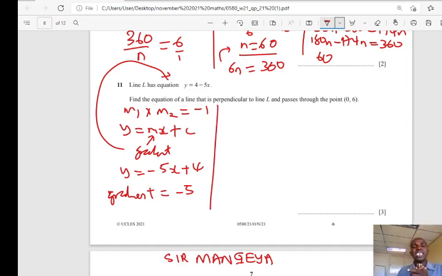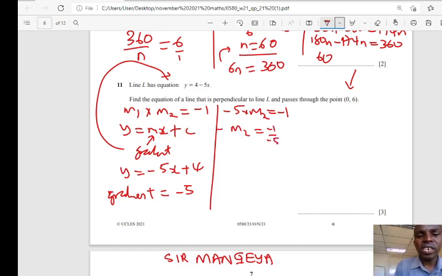Then you want to find the gradient of the line that is perpendicular to line L. You say gradient of L, minus 5, times another gradient M2 of this line which passes through the point 0,6 is minus 1. From this, divide by negative 5 on both sides, you get M2 is equal to 1 over 5. That's the gradient of the line passing through 0,6.